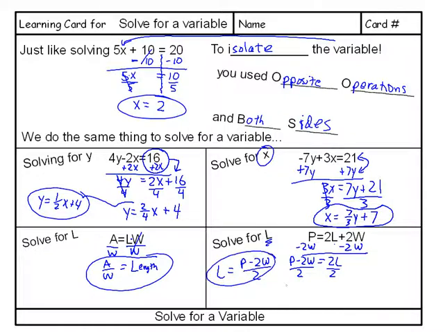I could stop there, or I could split it out. It's P over 2, or 1 half P, minus 2W over 2. And see, these reduce. That's one reason I might split it out. So I get 1 half P minus W as the final answer as well. So it could have been expressed either way. I kind of like this one. I think this is the more simplified version.